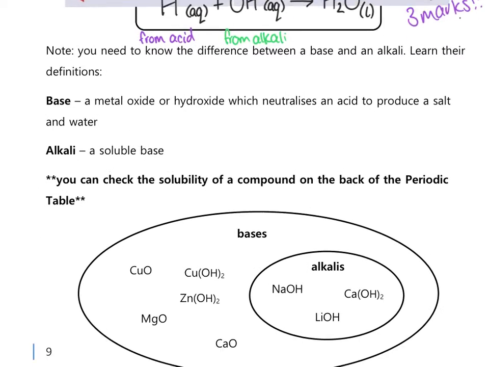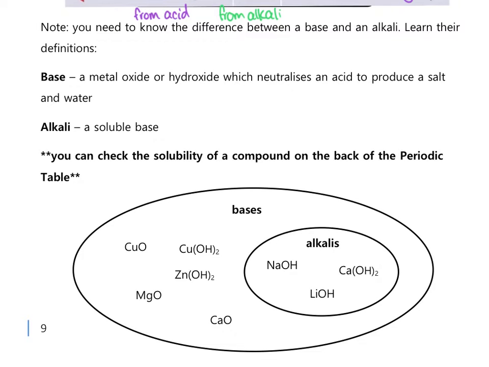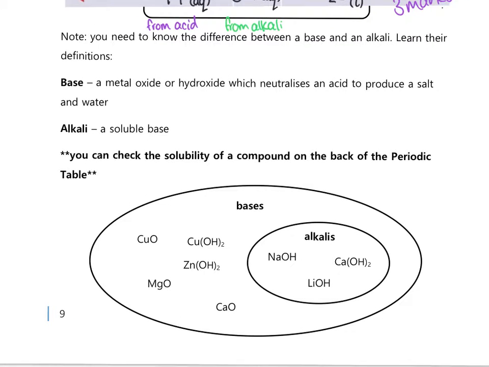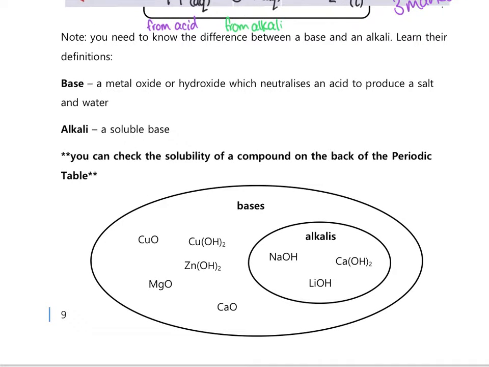And just the last bit on this page and the last bit in this part of the video, we're going to look at the difference between a base and an alkali. So a base by definition is a metal oxide or metal hydroxide, which neutralizes an acid to produce a salt and water. So it's basically a substance that's going to react with an acid to form a salt and water only, and by definition that's neutralization.